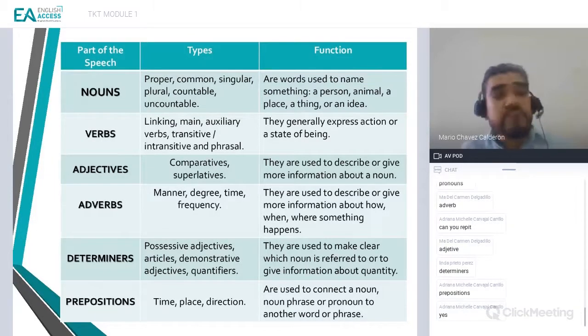Like when you say listen, you need to say the object, right? You need to say, listen to music, listen to me, listen to the class. So that is transitive. Intransitive is that it doesn't need any object.